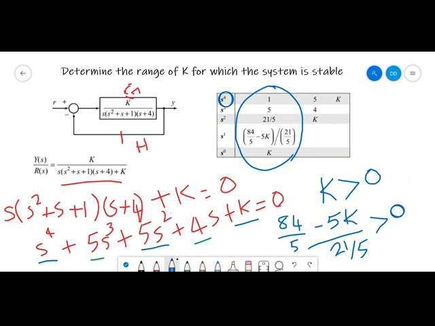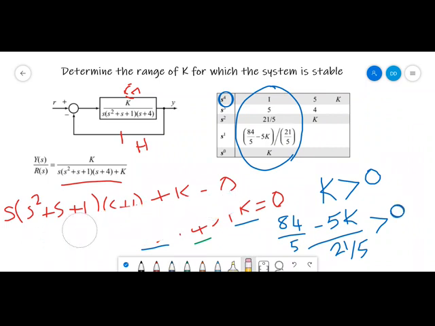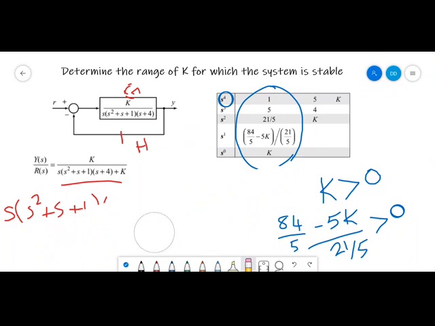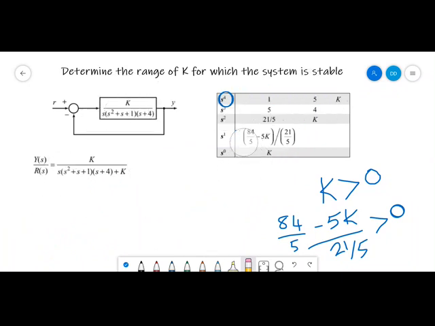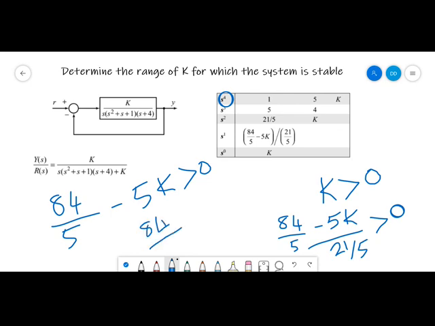That means 84 by 5 minus 5K is greater than 0, or 84 by 25 is greater than K. That means K is less than 84 by 25.